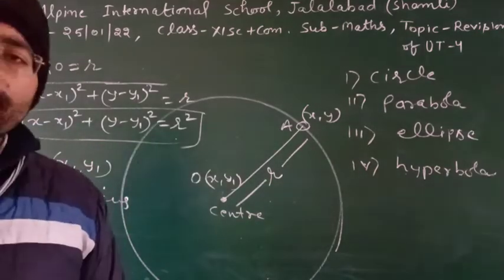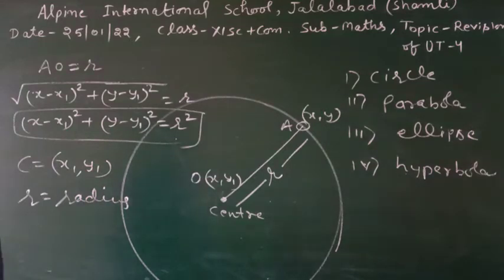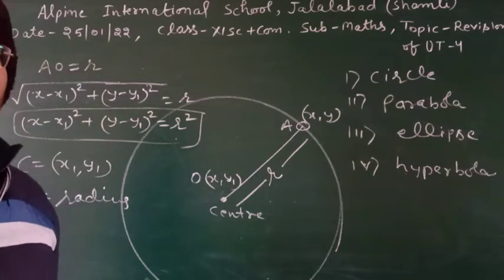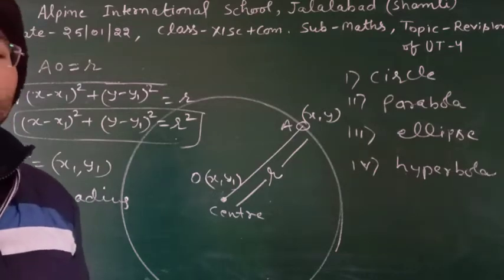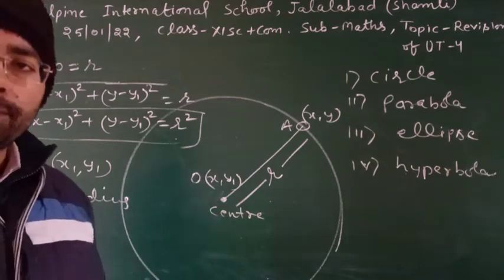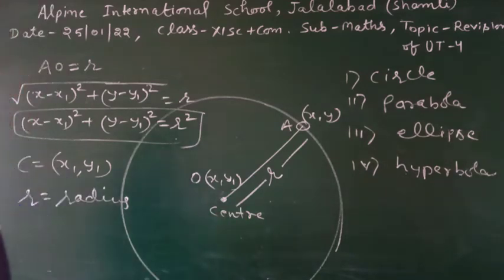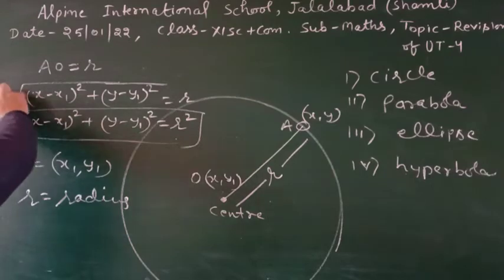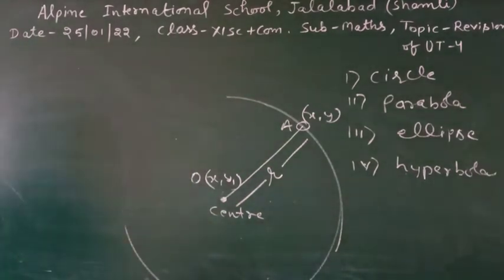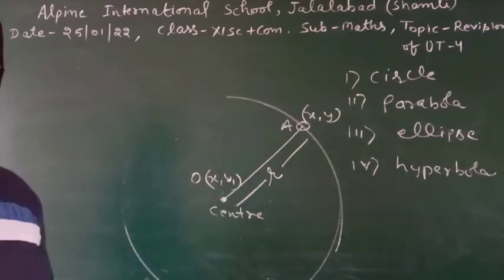So this is the first equation of the circle by which you can find the center and radius. And suppose the center is given and the radius is given, then you can prepare the equation of the circle. Remember it. But sometimes we have another equation of a circle, and the main aim is to find the center as well as the radius.